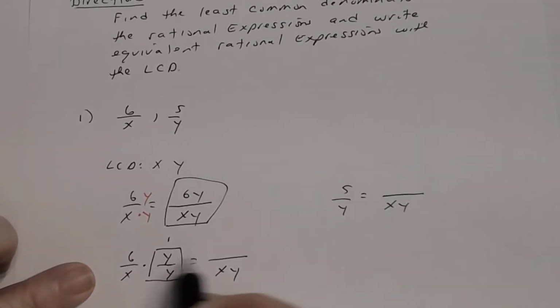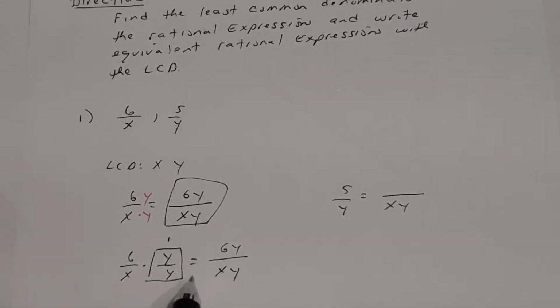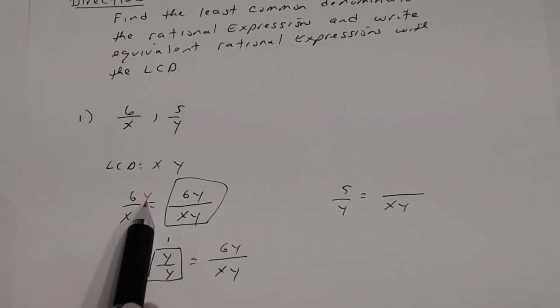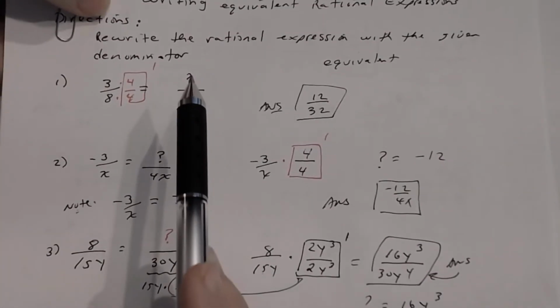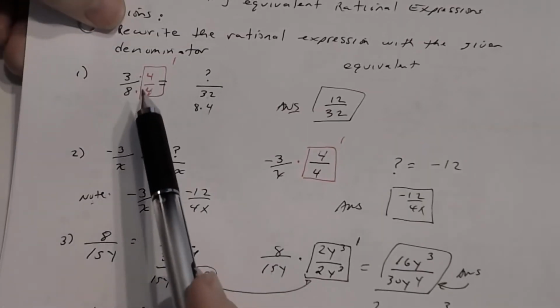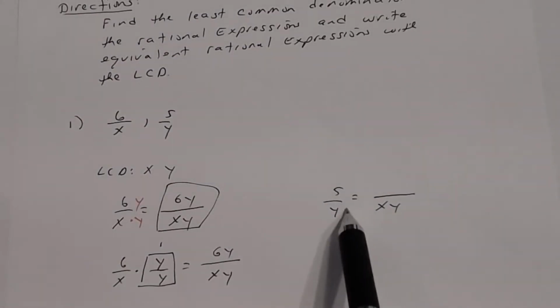And 6 times y is 6y. That's where this comes from. Most students will end up using this shortcut rather than writing this whole thing out. But keep in mind that y divided by y is the 1 that you learned about in the last lesson, where we talked about multiplying by 1.